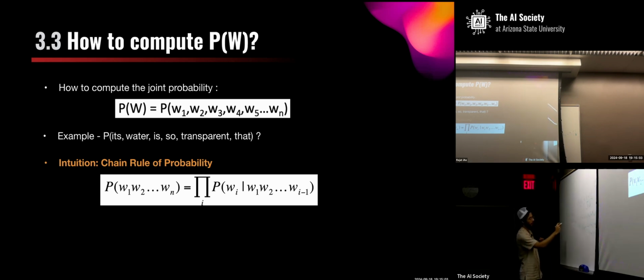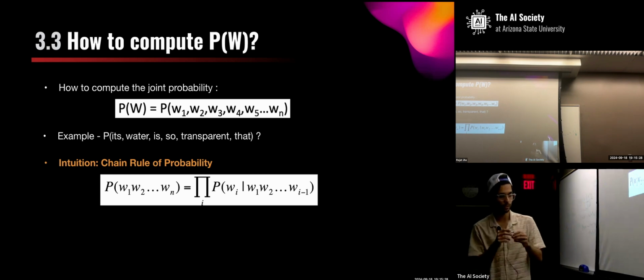The same thing is written as a multiplication symbol, i equals 1 till n, of probability of wi given w1 till wi minus 1. This is the chain rule of probability. It comes from this formula.